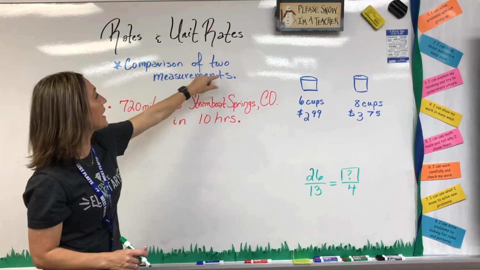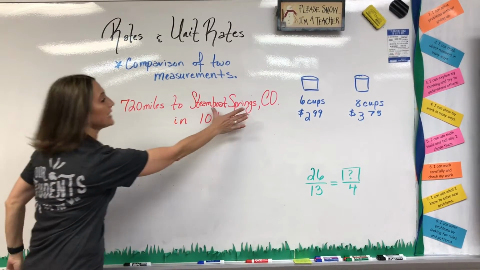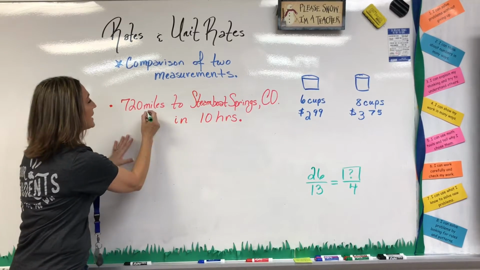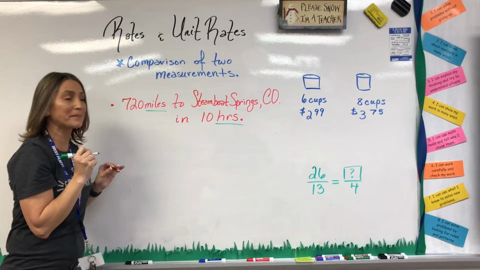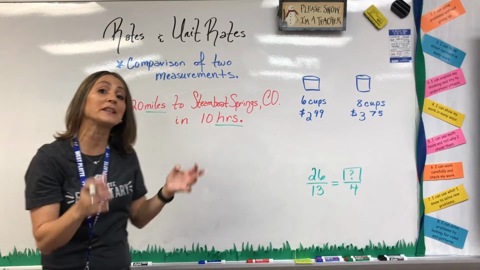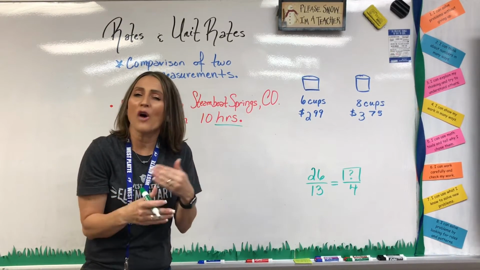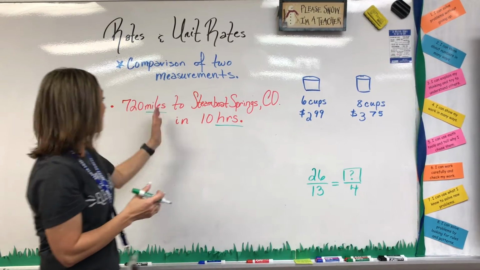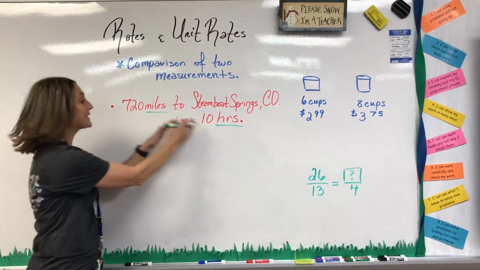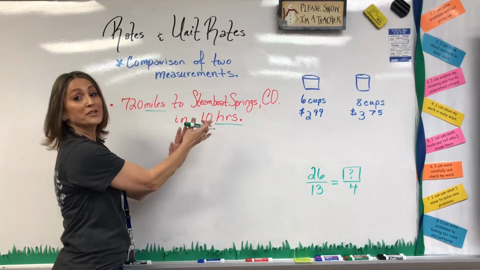It's a comparison of two measurements. To get to some place, how many miles does it take me, and how many hours does it take me? It's usually a comparison of measurements that involve some sort of time or money or distance. And so in this case, you can see I have distance and time that I'm trying to compare.